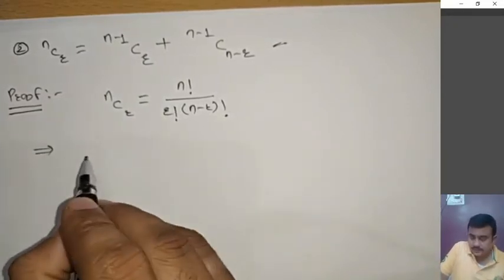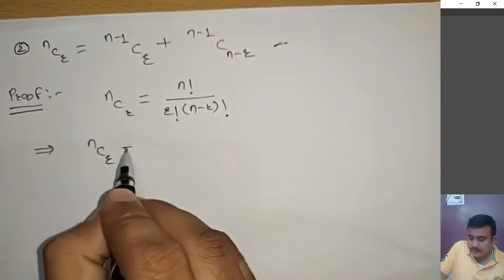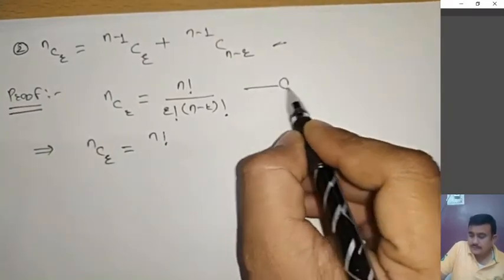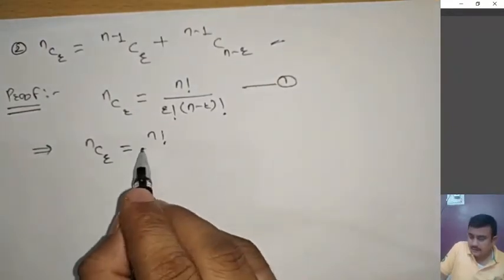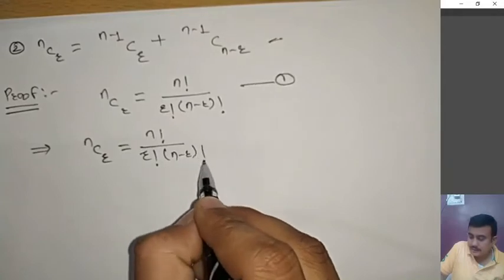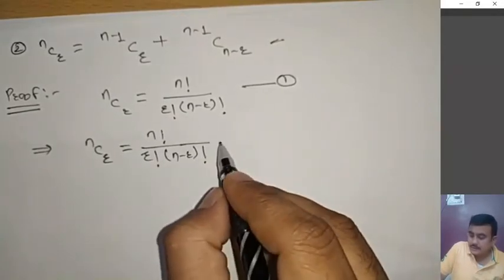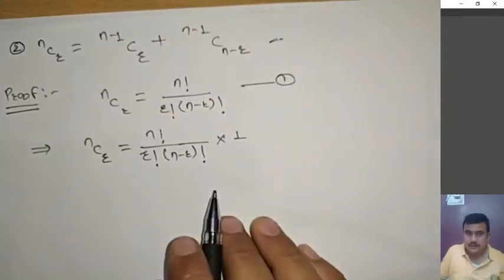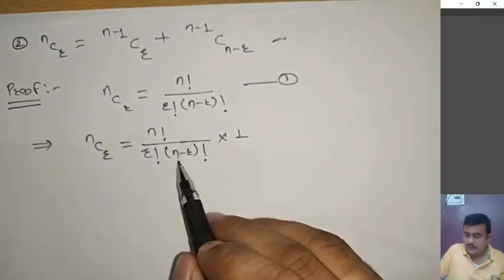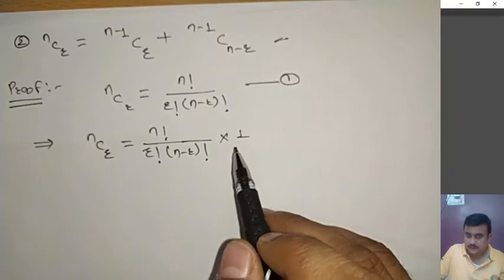So, let's do it. nCr equals n factorial divided by r factorial times (n minus r) factorial multiplied by 1. This 1 is our adjustment because multiplying this value by 1, there will be no change in the value.